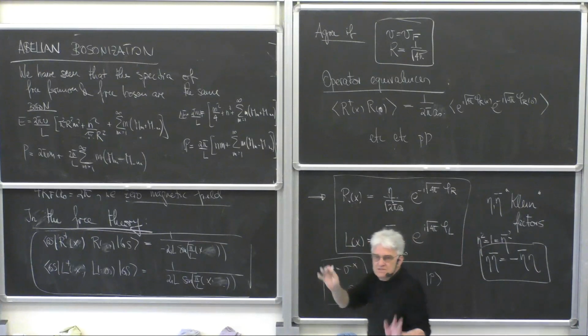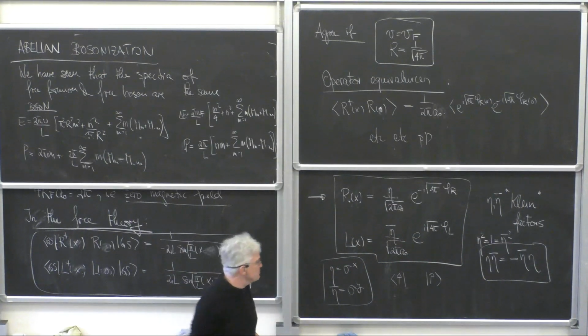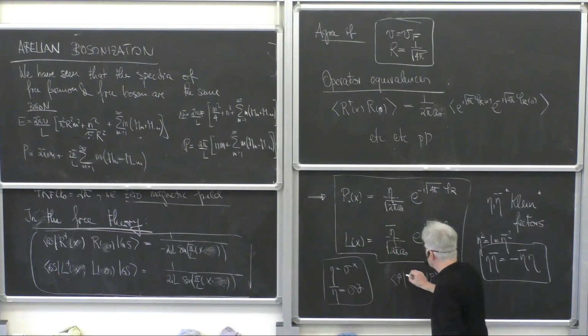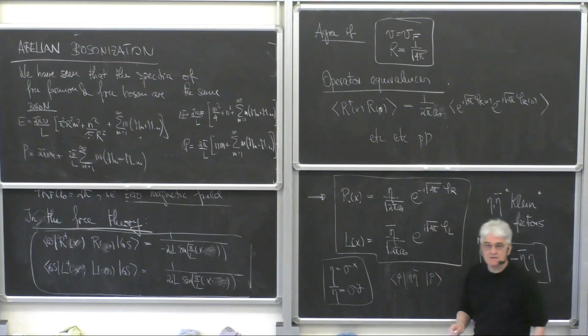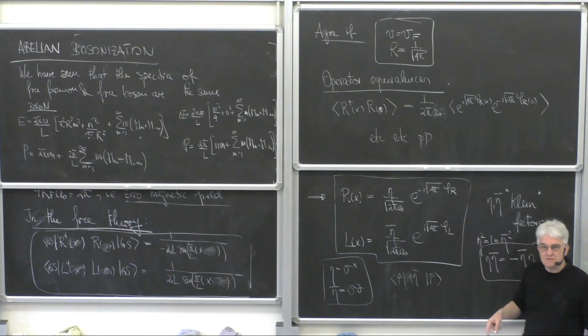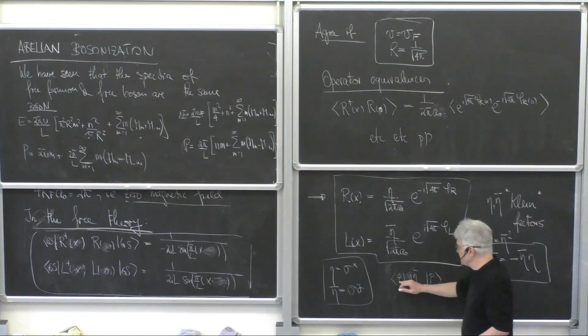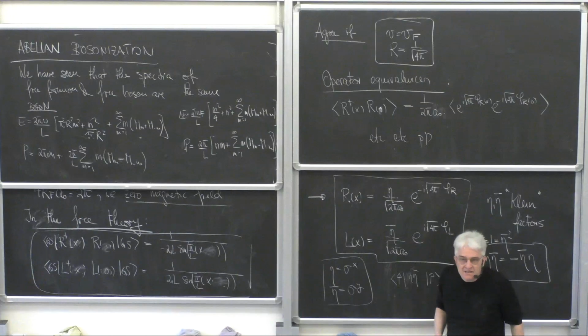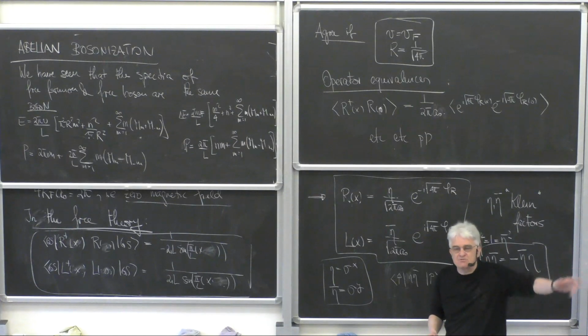So this is nothing to worry about. It's more if you have something like eta bar, which will pop up in a moment, that will have an expectation value. All that gives you is an extra factor of i or something like this, but you have to keep track of it.